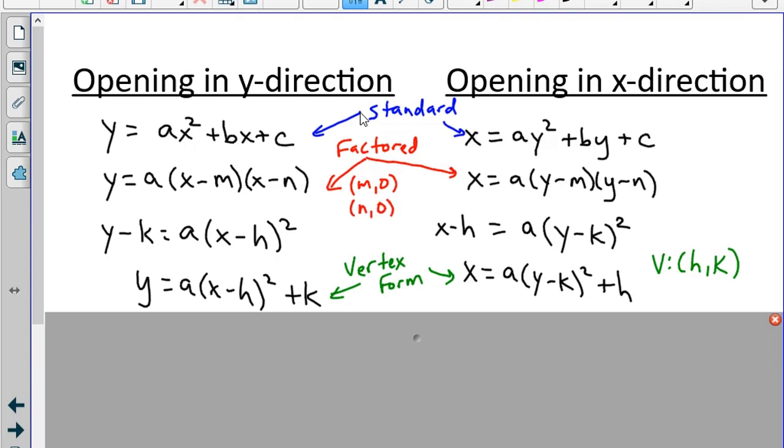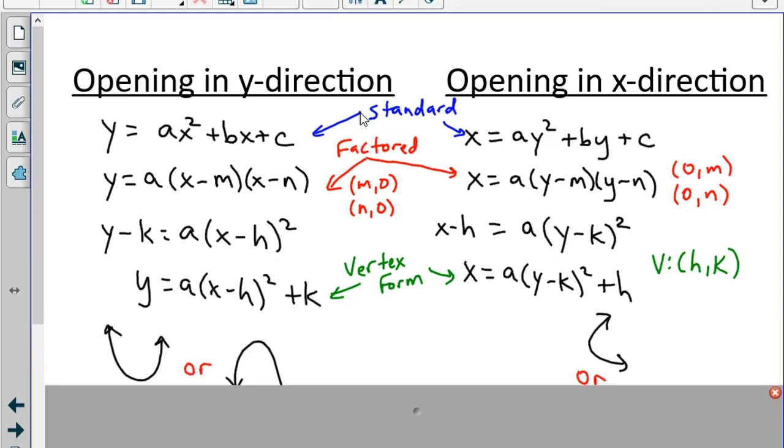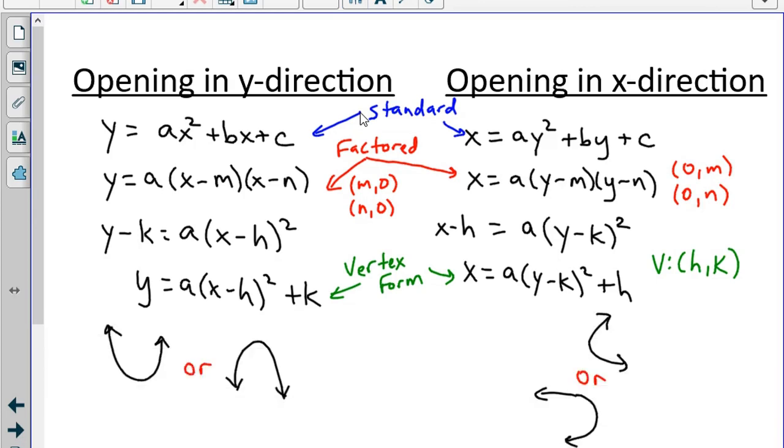But if it's opening in the x direction, our intercepts are 0 comma m and 0 comma n. That's because if it's opening in the x direction, we're going to have possibly 2 y-intercepts, whereas if it opens in the y direction, we have potentially 2 x-intercepts.